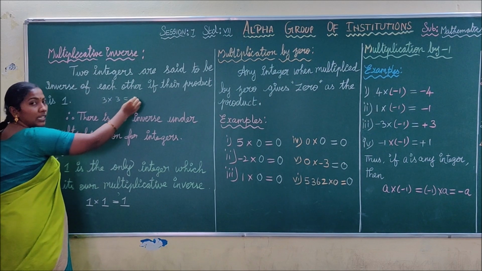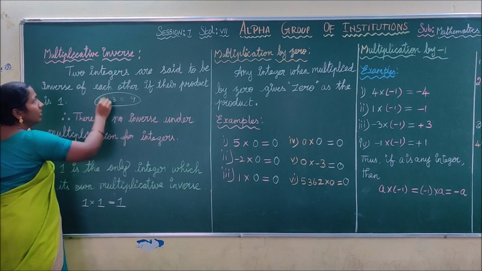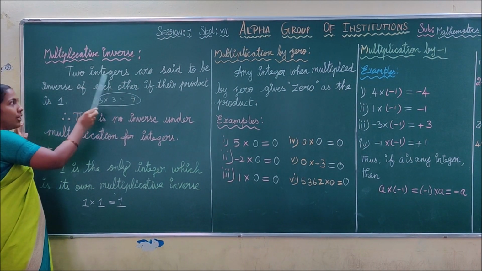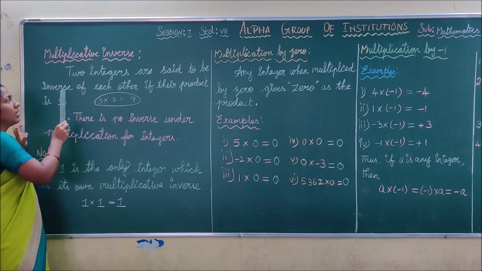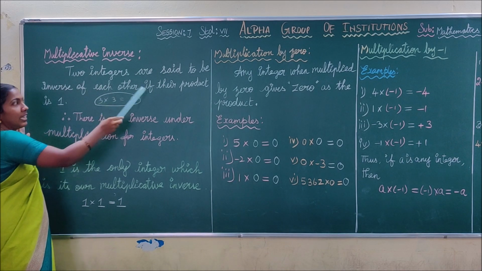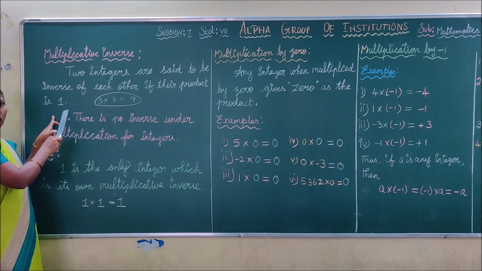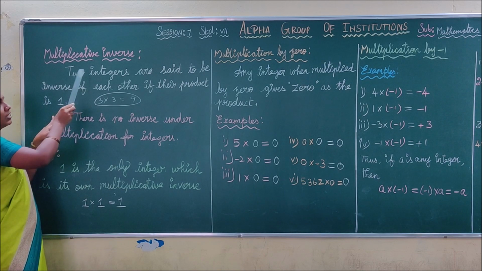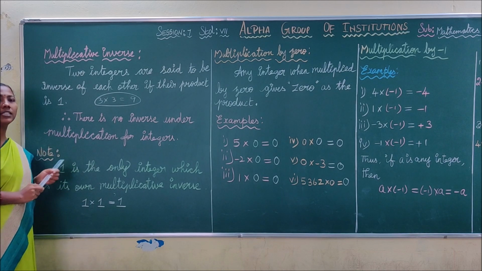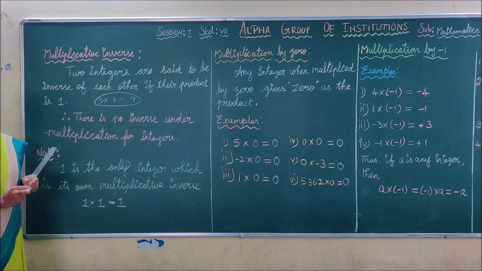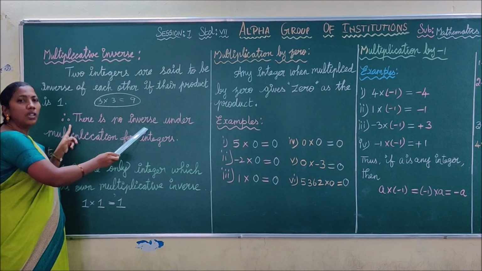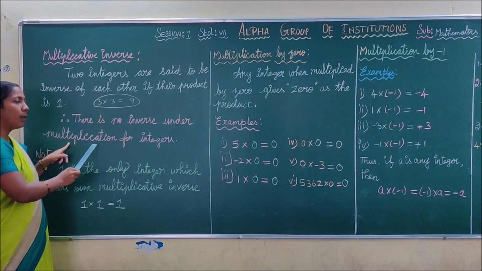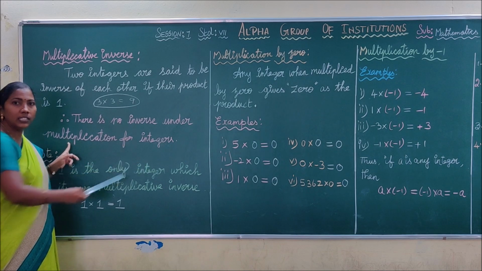What is your answer? 9. But what is given in the definition is that two integers are said to be inverses of each other if their product is 1. In the case of multiplication, we can't find such a pair of integers. Thus, we can say there is no inverse under multiplication for integers.